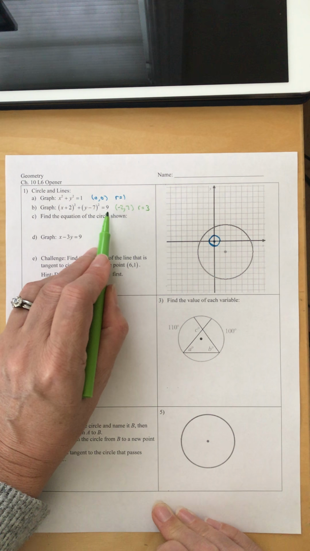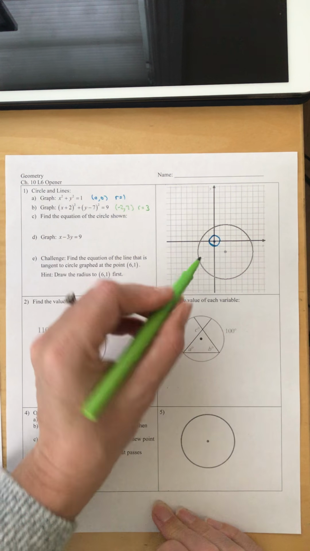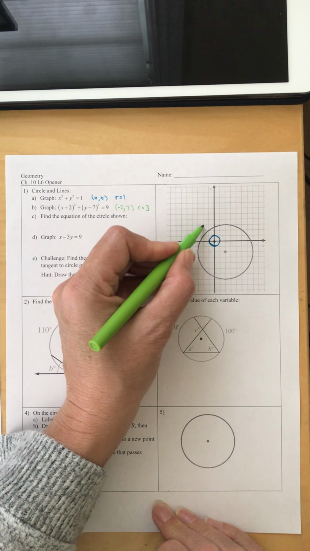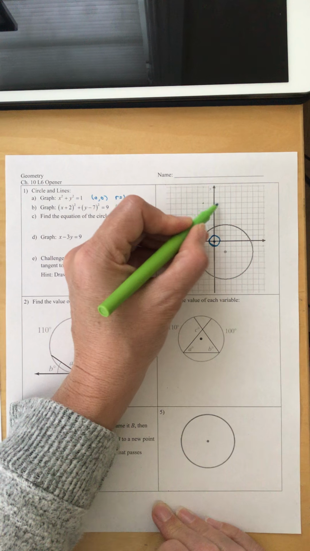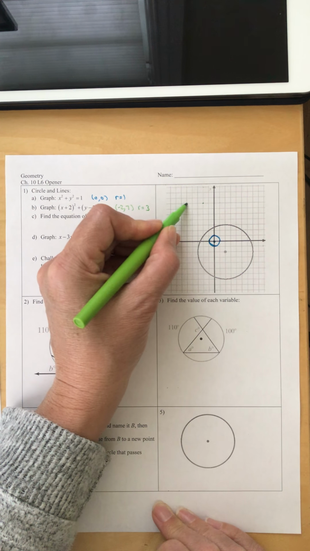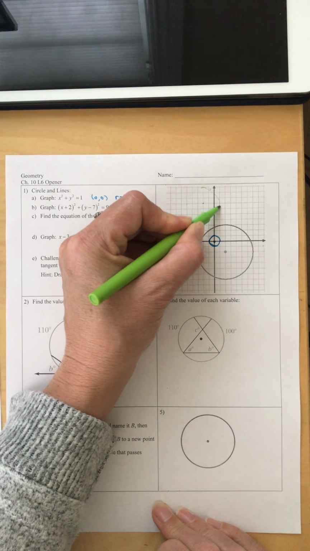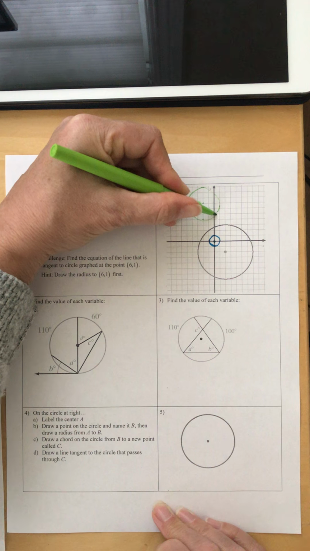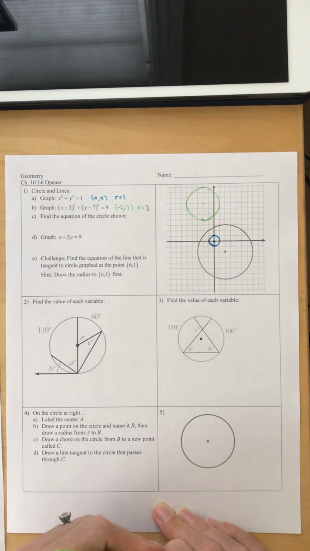Remember that this represents the radius squared, so if this value is 9, then the radius is 3, and the center is -2, then up 1, 2, 3, 4, 5, 6, 7, with a radius of 3. And so I get that circle.